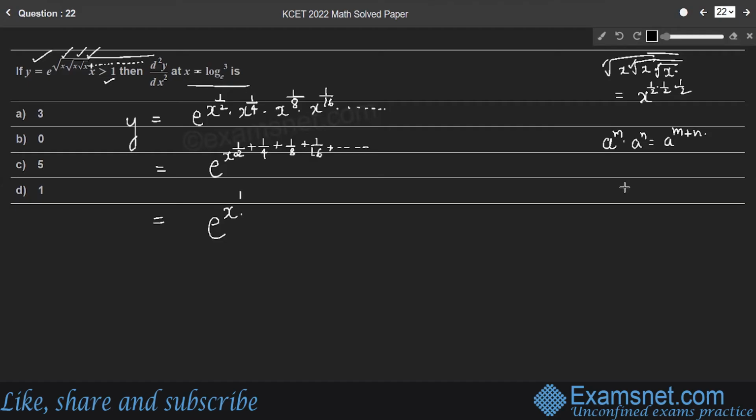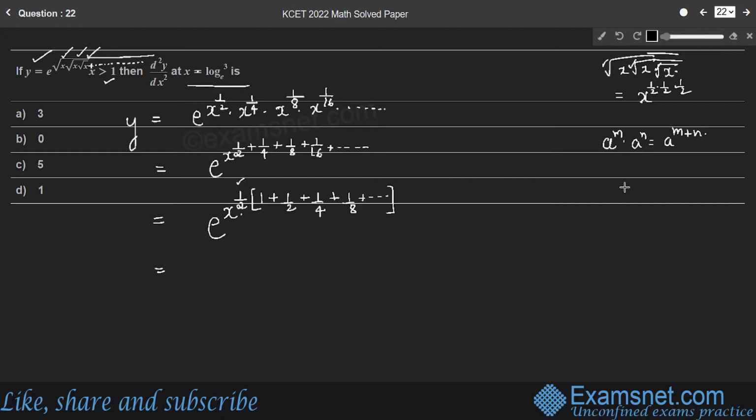In that, I'll take 1 by 2 as common. The remaining term becomes 1 plus 1 by 2 plus 1 by 4 plus 1 by 8, and it continues. After taking 1 by 2 as common, the remaining term is nothing but a geometric progression which has a common ratio of 1 by 2.